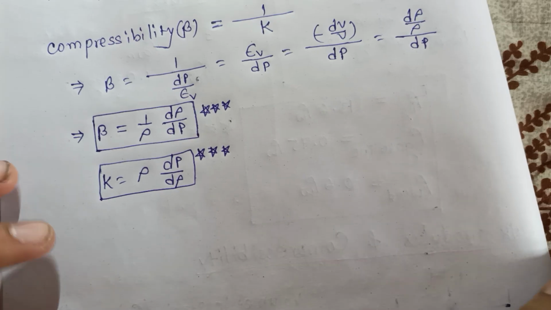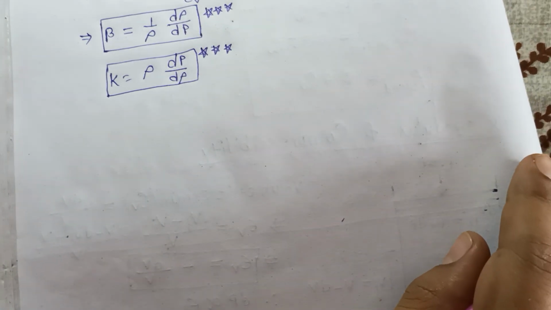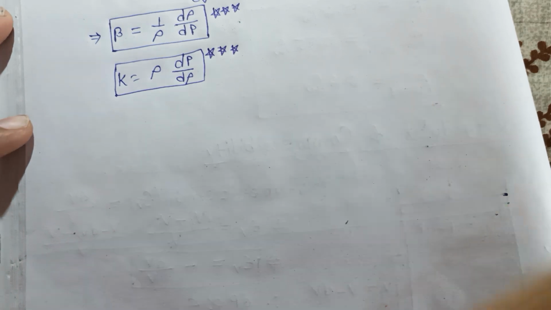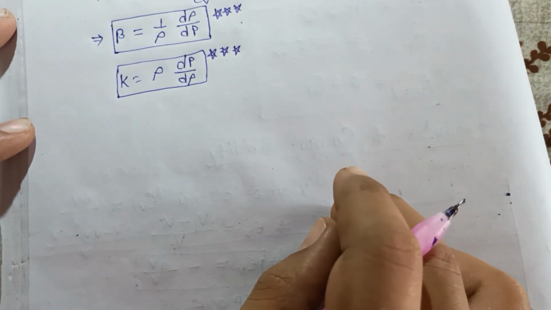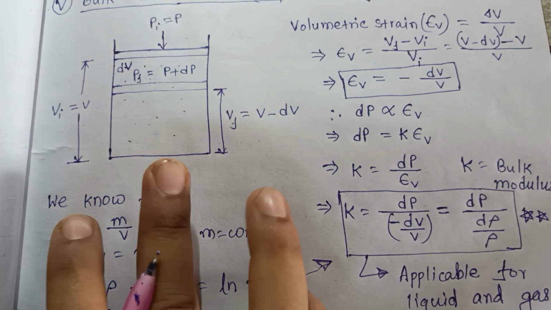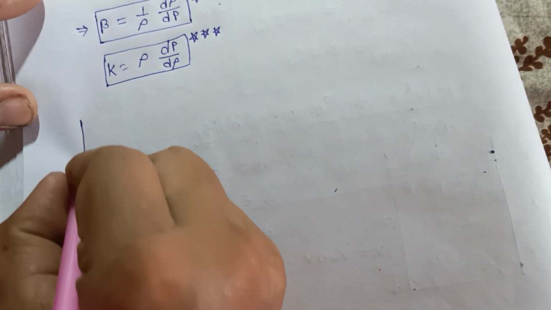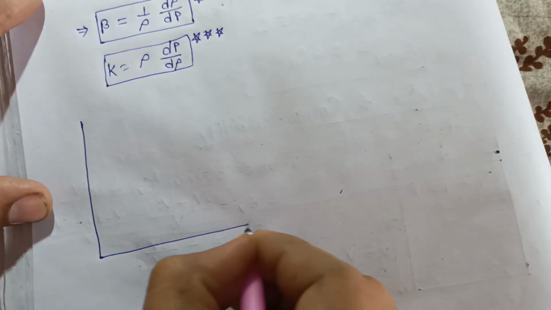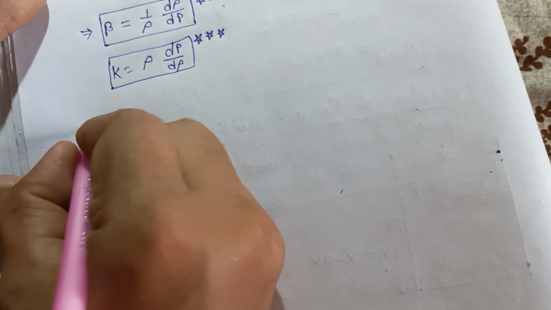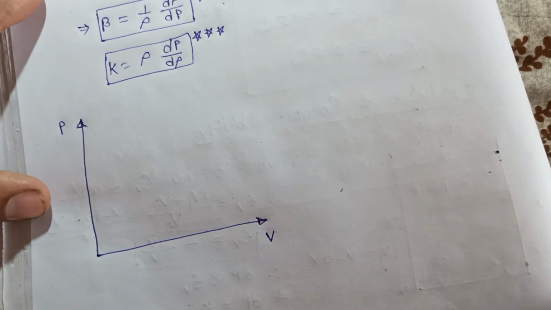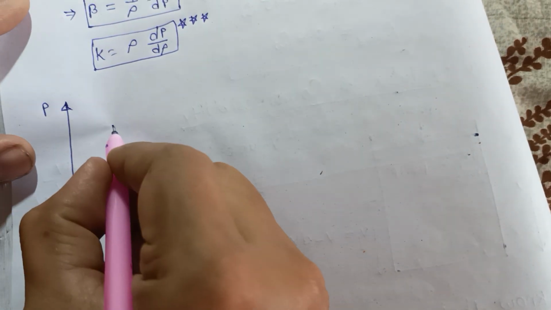Now if we draw the PV diagram of that piston cylinder arrangement which we discussed here, this is the P axis and this is the V axis, that is pressure and volume. So the process will be like this.